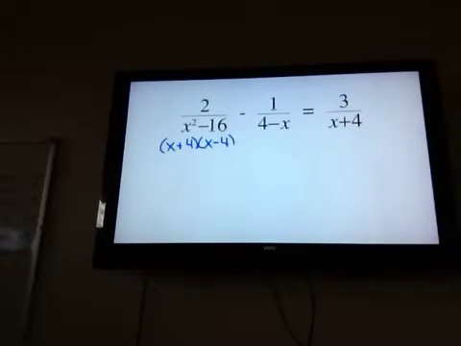And just like when you did addition, subtraction, I'm going to make them alike and make that x minus 4, which makes this now addition. So that process is exactly the same as Goal 5.2 that we did. If you have inverses, you're going to change them to be alike by taking out that negative, which changes the operation. So now my LCD is x plus 4, x minus 4.